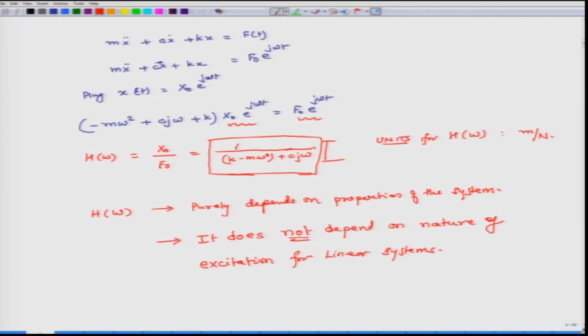This is important to understand. So, if you know the transfer function, it does not matter whatever the excitation is, you multiply that by the transfer function and you will get the response of the system. Okay.